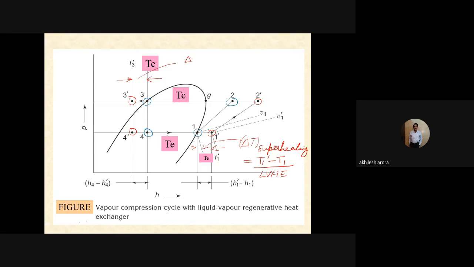So delta T subcooling is equal to T3 minus T3 dash, and it is also equal to Tc minus T3 dash. So once again, where is it occurring? It is taking place in the liquid vapor heat exchanger. I hope this is clear to you.